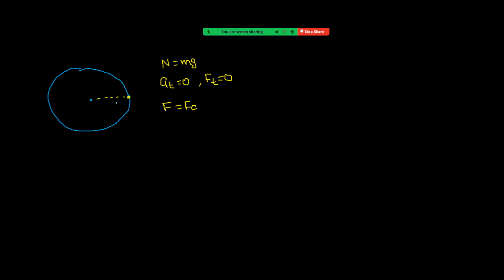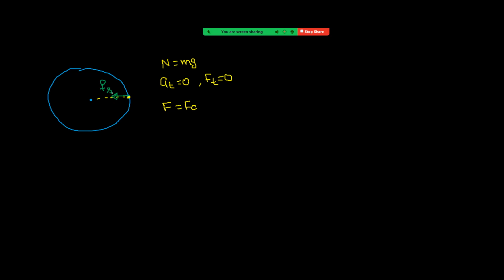That means we can write the frictional force, and I am writing here F suffix S. The reason is that the two-wheeler is taking the turn without slipping. So there is no slipping between the tire and the road, so friction is static.